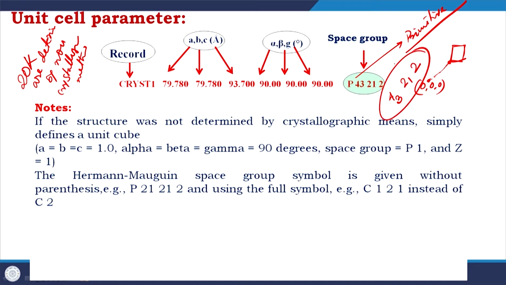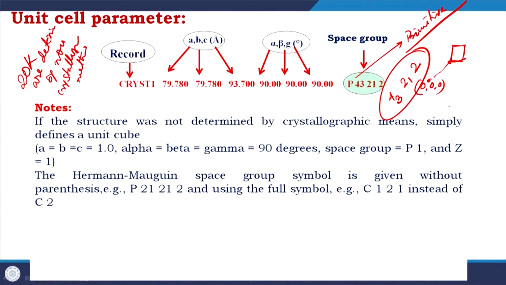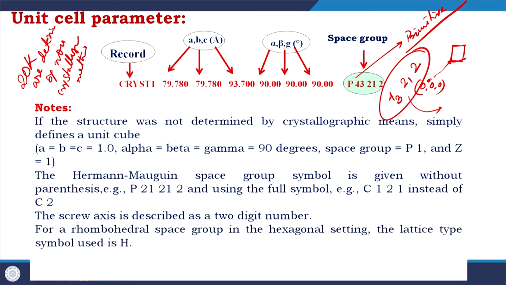It is the rotation and translation in different axes: 4-fold rotation followed by 3/4 translation, 2-fold rotation followed by half translation, this way. The screw axis is described as a 2-digit number.